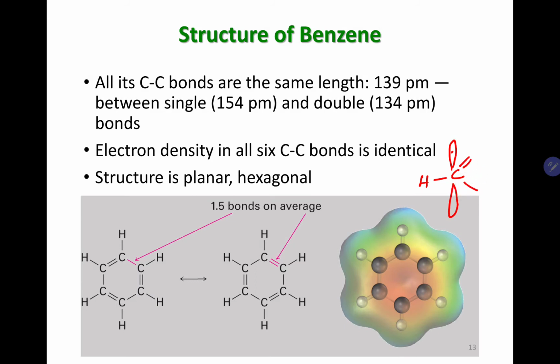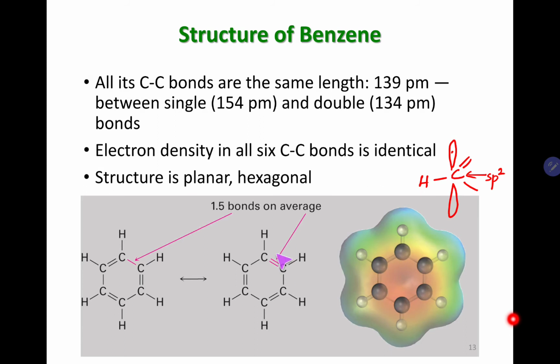So this p orbital is perpendicular, and here is the sp2 hybridized carbon, and each carbon has this electron. So rather than making fixed double bonds with one carbon, they basically share all these 6 electrons in a ring current, like a stream of electrons. So that is how this benzene electron density could be explained.